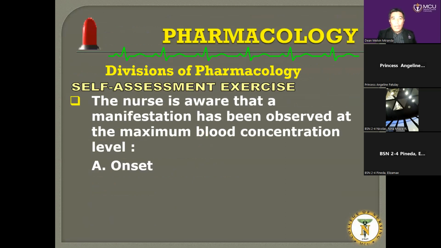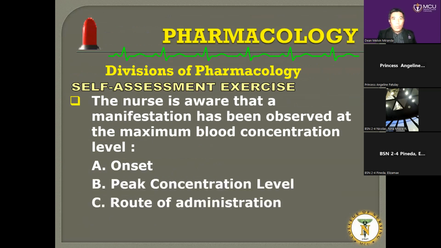Is it letter A, onset? Is it letter B, peak concentration level? Is it letter C, route of administration? Or letter D, half-life? So, is it onset, peak concentration level, route of administration, or half-life?